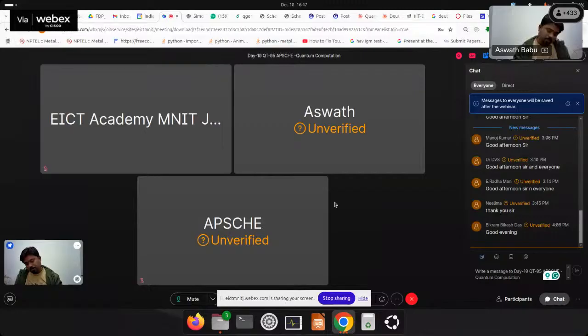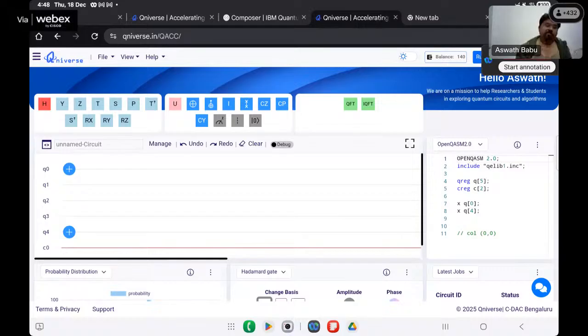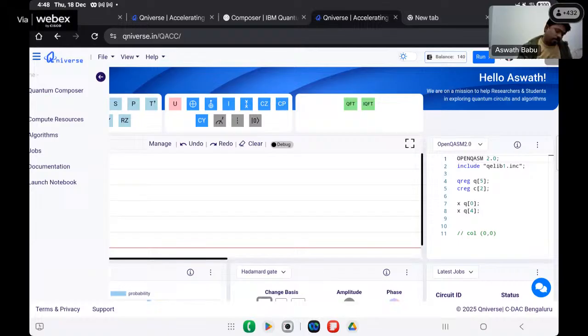I just want to log in so that the password cannot be revealed. I'm logged in. Let me share the screen now. Now I have Q-inverse logged in.